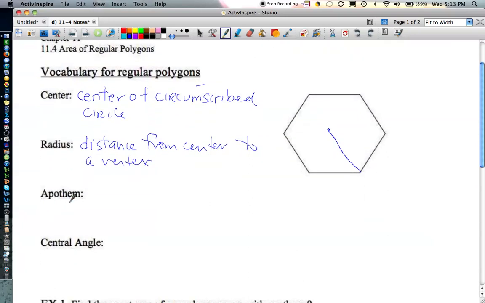Apothem is defined as the perpendicular distance from the center to a side. So the apothem would be the perpendicular distance here. Typically this is called R radius, A apothem. Center right in the middle.